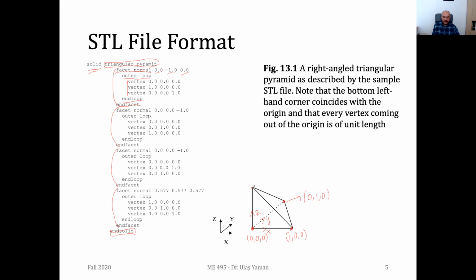It's not the one actually inside this triangle. Let's have a look at this one. And I'm assuming that we have right angles here. So it's 0, 0, and 1. So which surface is this one referring to? This front surface.